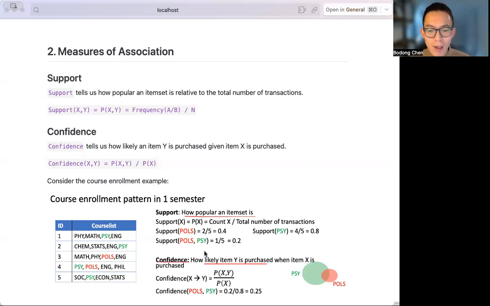The confidence of political science and psychology as a frequent item set can be computed by using the support of the combination, and then dividing by the frequency of X, which is the frequency of psychology here. Then we get the confidence we have about this item set or this rule from this data set.